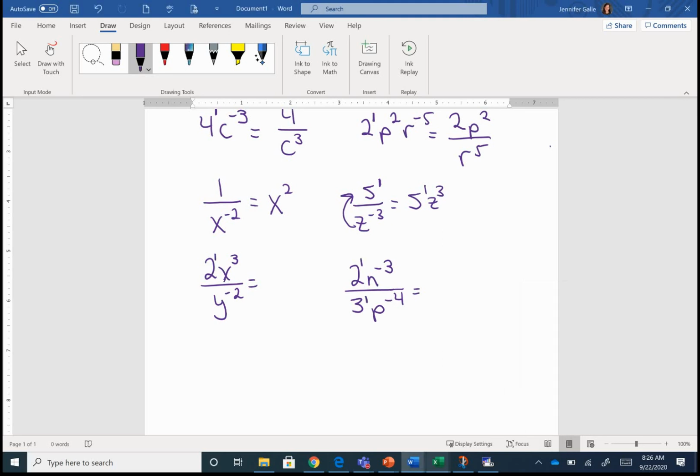Think about those exponents of 1. Try these two out.